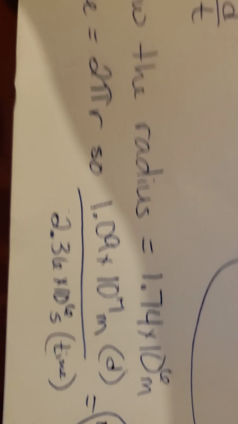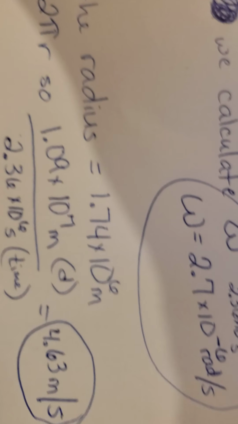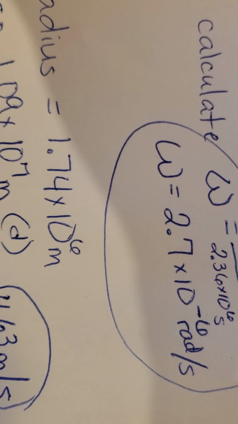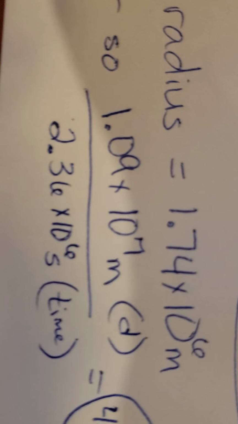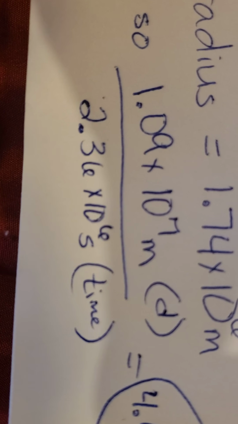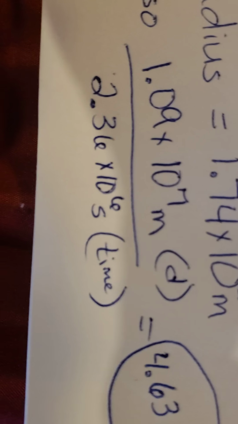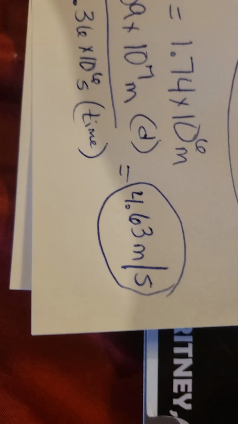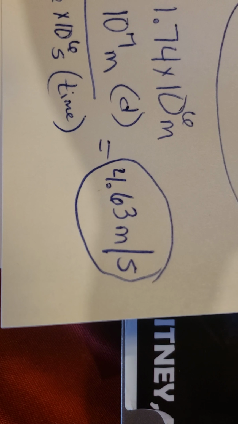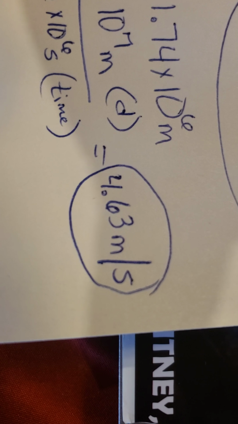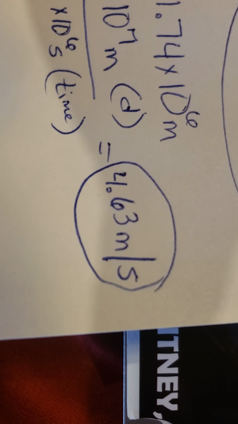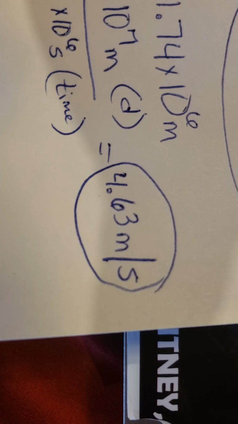That's how I calculated that, just 2 pi times 1.74 times 10 to the 6th. Now, we're going to divide distance by time, and then you should get 4.63 meters per second. And I think we're going to stop there together.